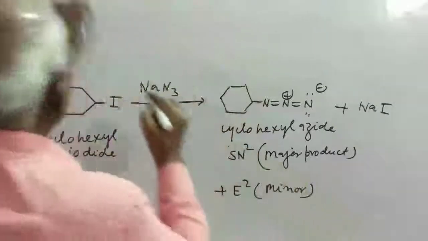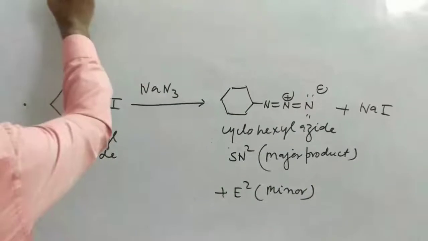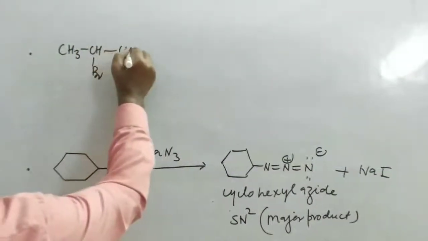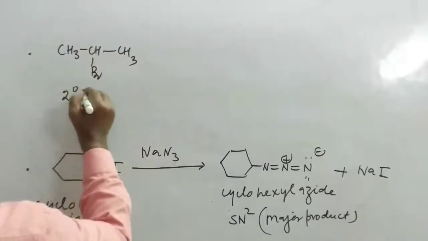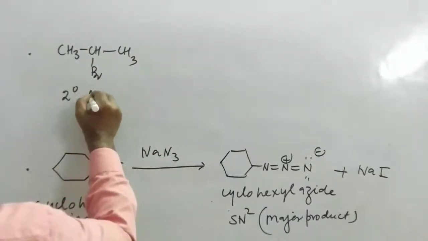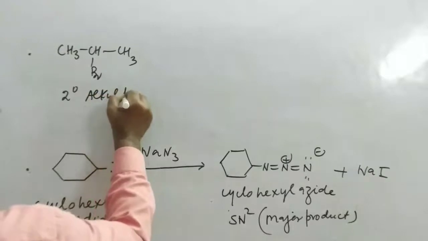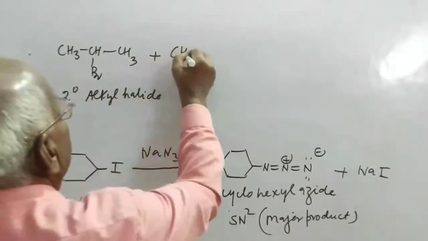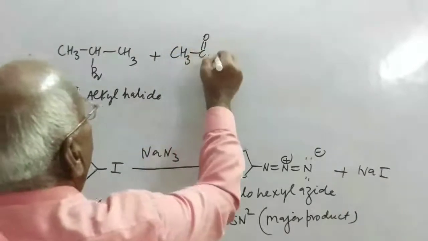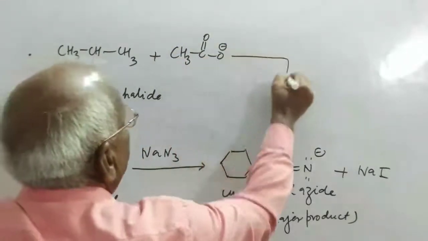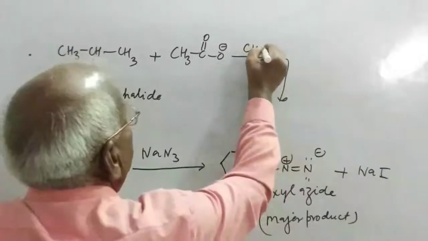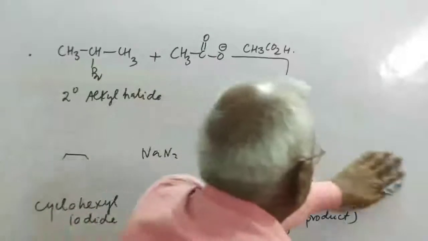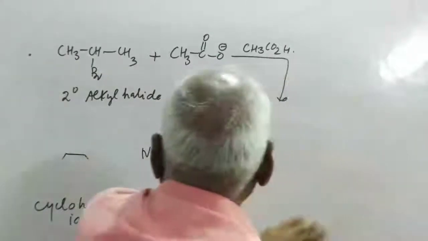One more example, this is 2-bromopropane. This is 2-degree alkyl halide. When it reacts with acetate ion in acetic acid, it gives 100% SN2 product.